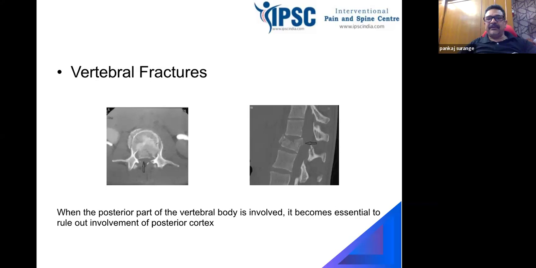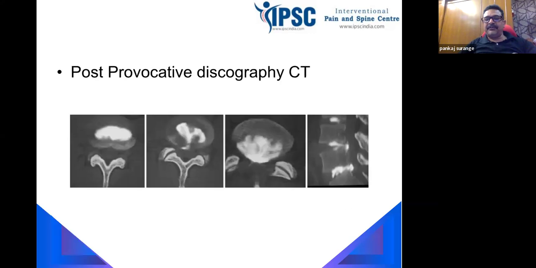In that case, if you are suspecting some posterior cortical breach, you may go for an additional investigation, which is a CT scan, to rule out any bony fragment which is going into the spinal canal. Especially it is very important in post-traumatic fractures. If you see some posterior cortical defects or destruction, it is better to go for the CT scan.